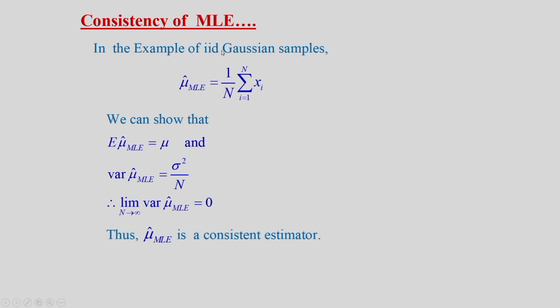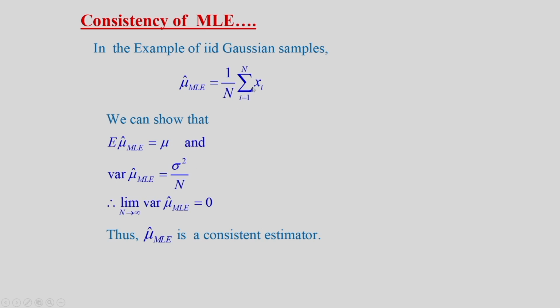In the example of IID Gaussian samples, mu hat MLE is given by 1 by n summation x i, i going from 1 to n. This is the MLE for mu. Now, we can show that E of mu hat MLE is equal to mu. It is an unbiased estimator, and variance of mu hat MLE is equal to sigma square by n.